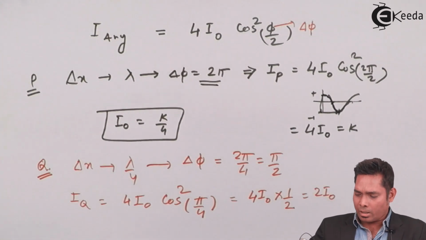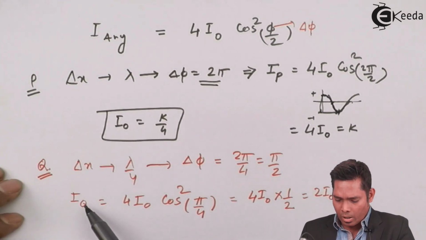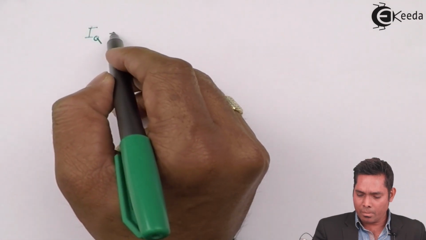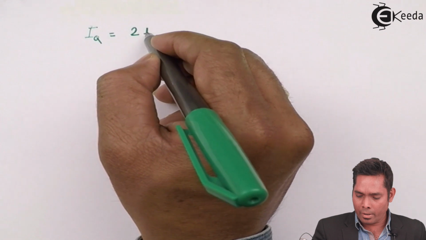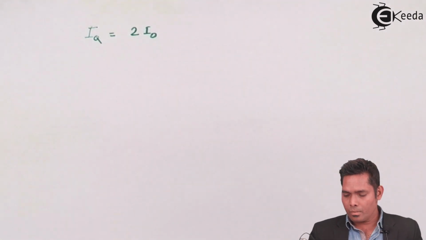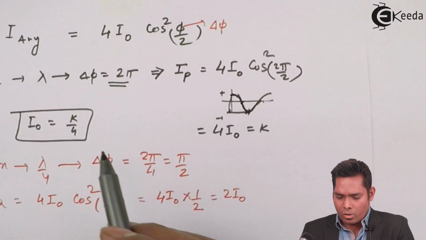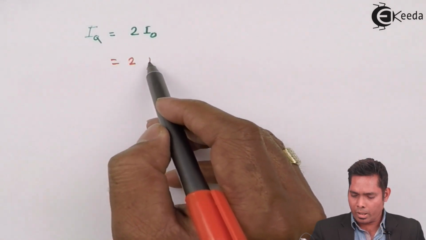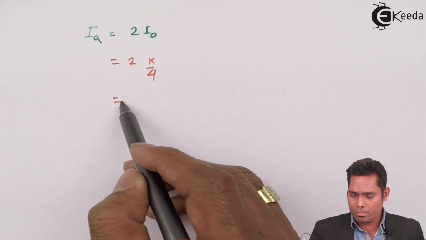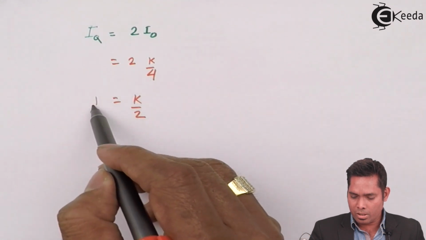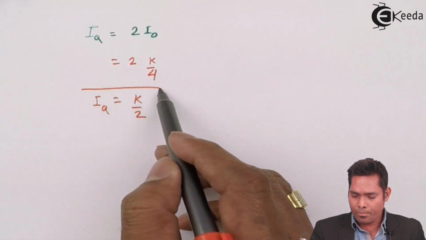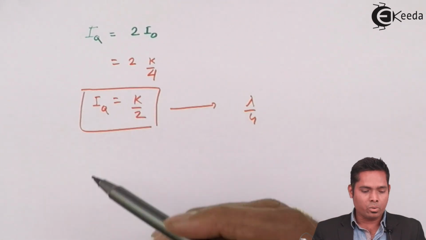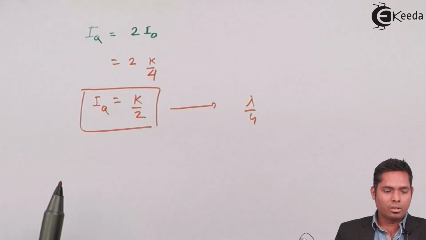So intensity at the point Q is given by 2I naught. And I naught we have already calculated as K by 4, so I substitute that, 2 into K divided by 4, so it becomes K by 2. So intensity at the point Q, where the path difference is lambda by 4, is K by 2, and that should be the answer to this question.